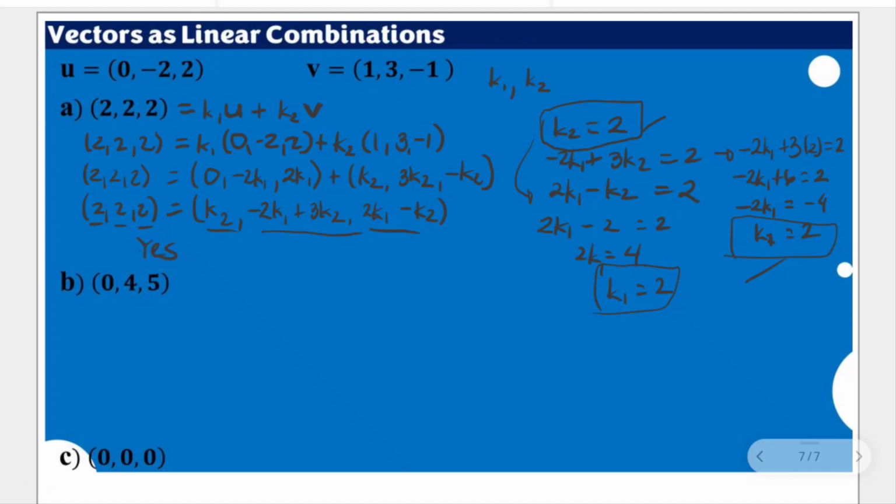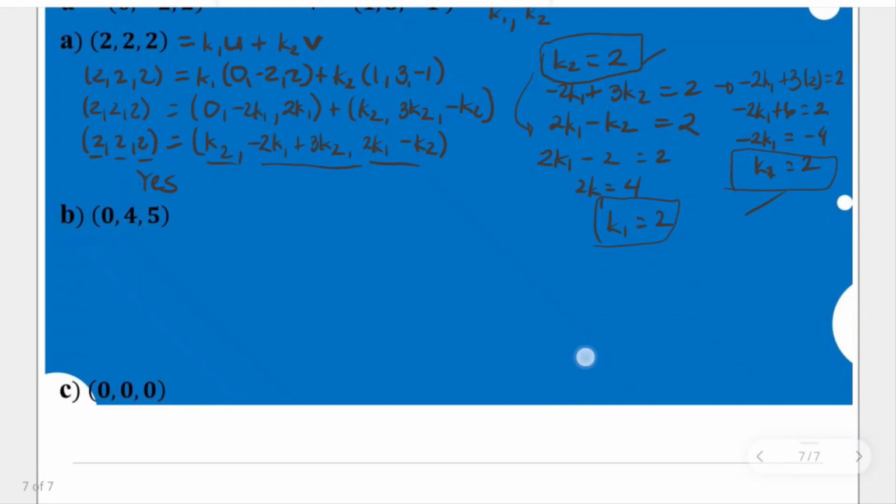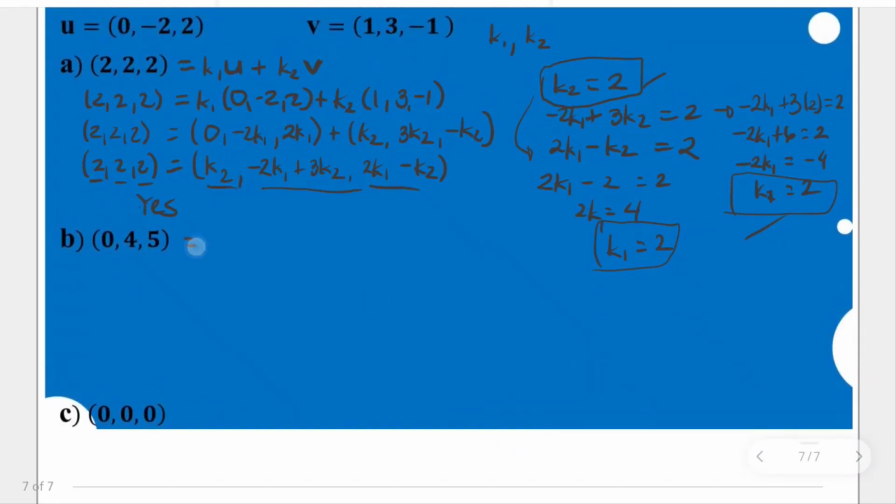Okay, so it's the same thing we will do for B and C, but let's start with B, and I still have space here at the bottom. Same thing here, we need to show that this vector is equal to K sub 1 U plus K sub 2 V. By the way, here we are not sure if K sub 1 and K sub 2 will still be 2, because it's a different vector now.